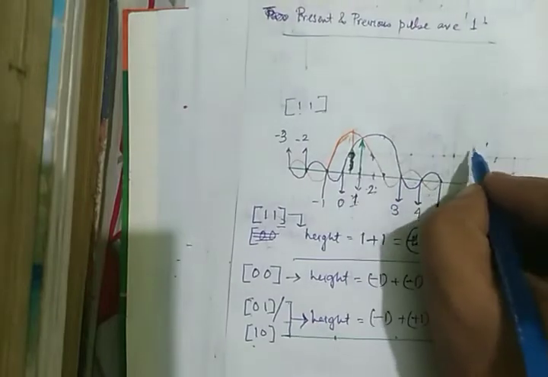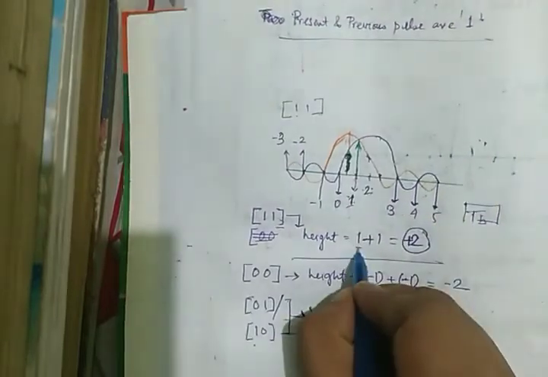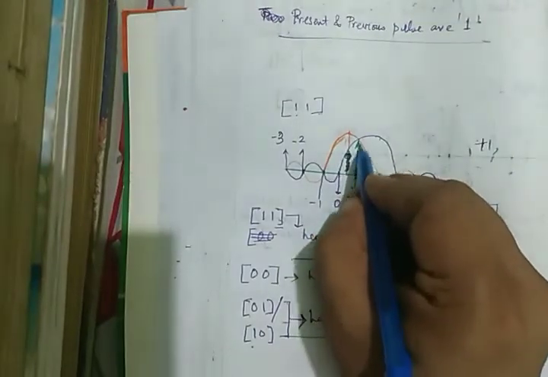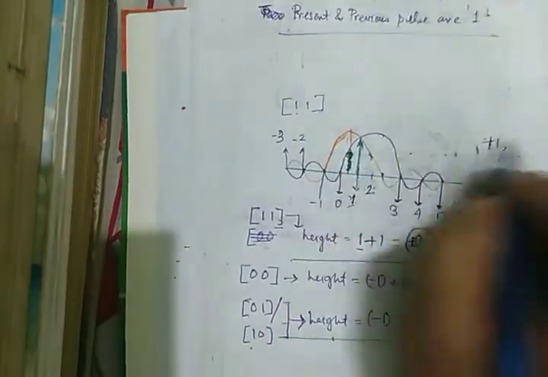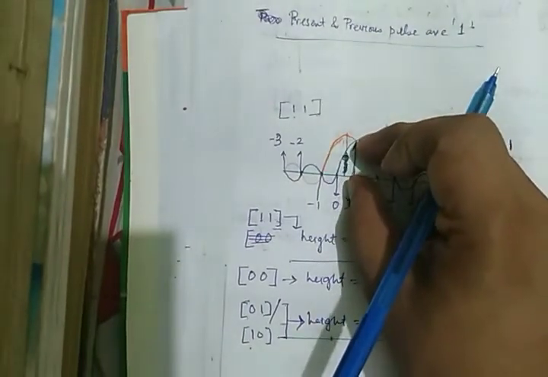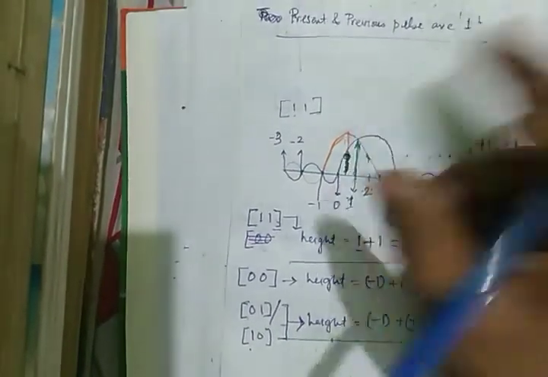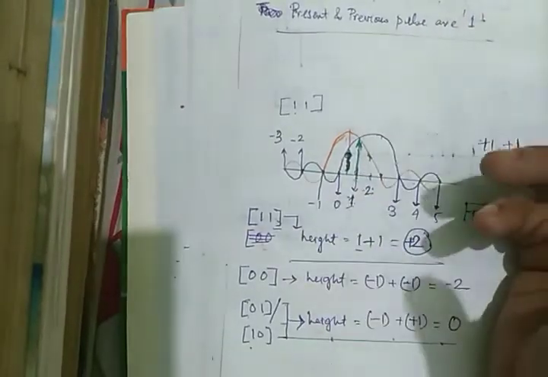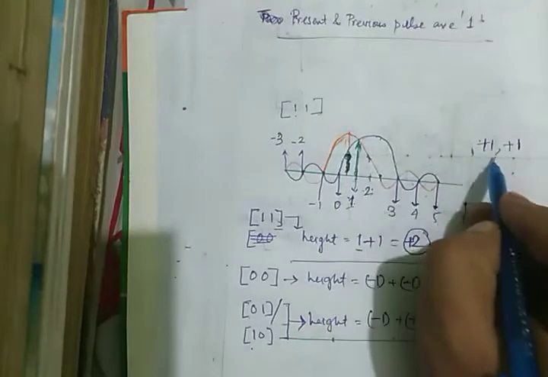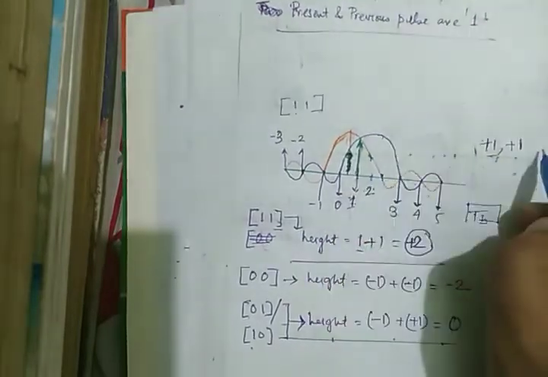So if I say the amplitude is plus 1 for any one of the pulses, then the second pulse also contributes the same amplitude, which is plus 1. So this height we are considering to be plus 1 volt. You can consider something else, I'm just considering plus 1. So at this point, the height of the blue pulse is plus 1, the height of the orange pulse is also plus 1.